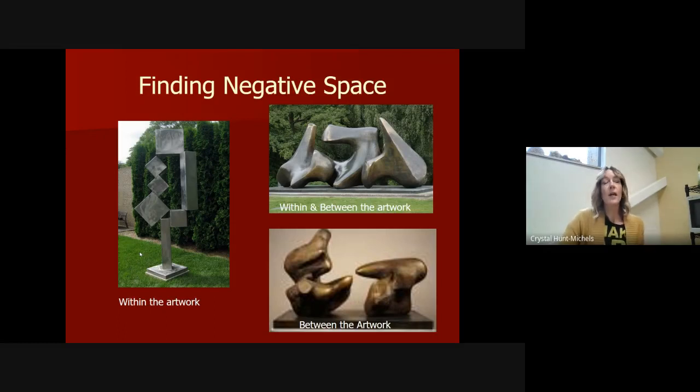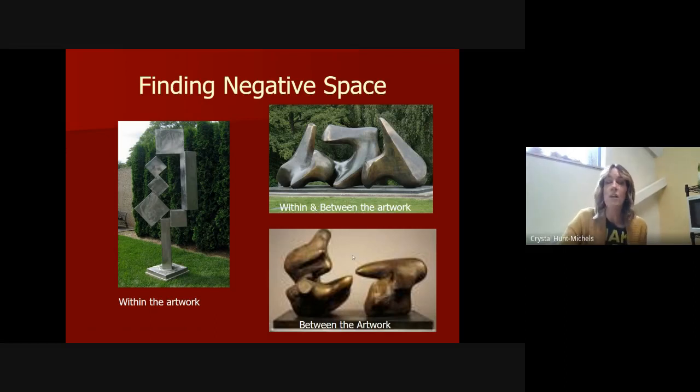Finding negative space in a sculpture can happen in many different ways. Negative space can actually take place through the artwork, where the positive space is completely engulfing the negative space inside of it. It can happen within and around it, like all around it, and come down deep and jet to the inside, and then follow through around it.